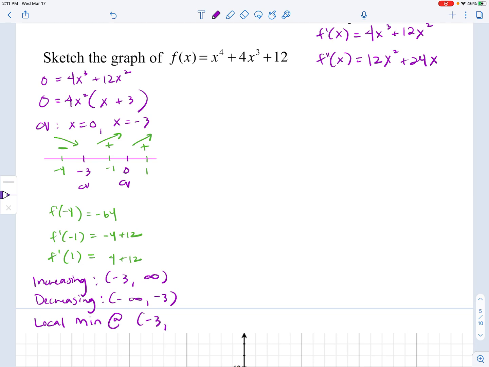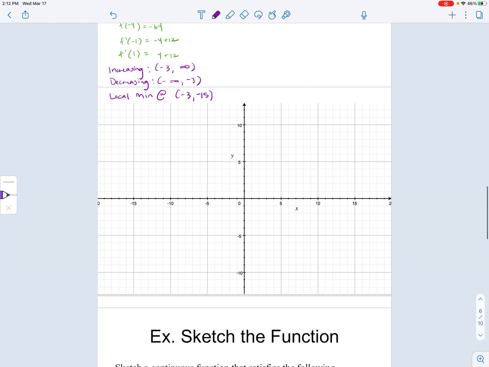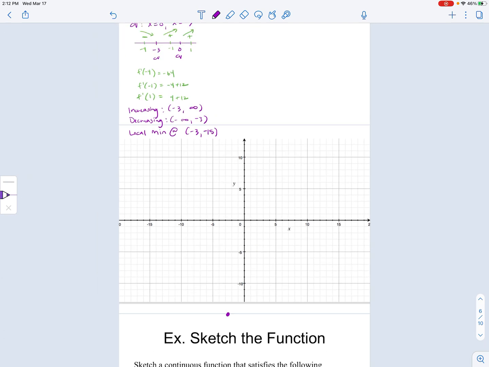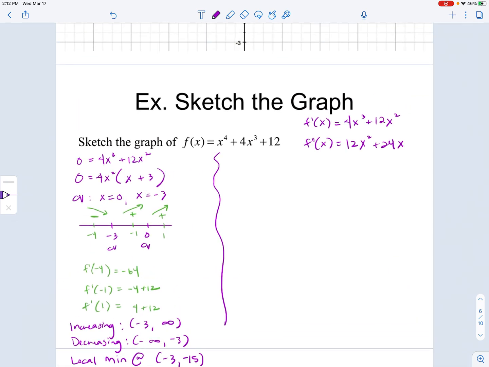And it looks like there's only a local minimum at -3, and then plug -3 into the original function, so -3 comma -15, which would go off of the graph a little bit, be down here.